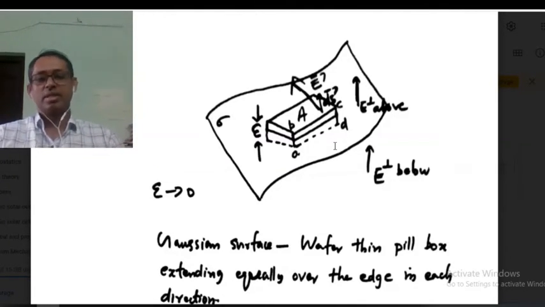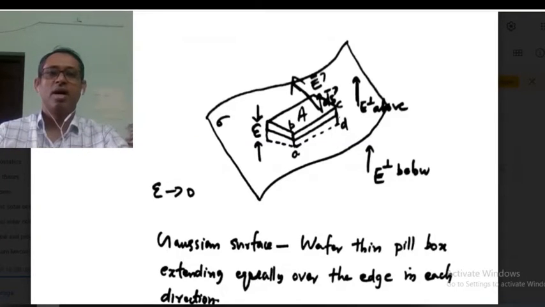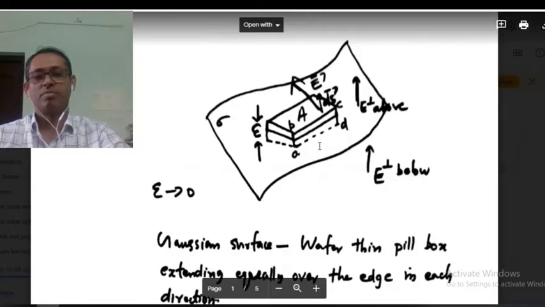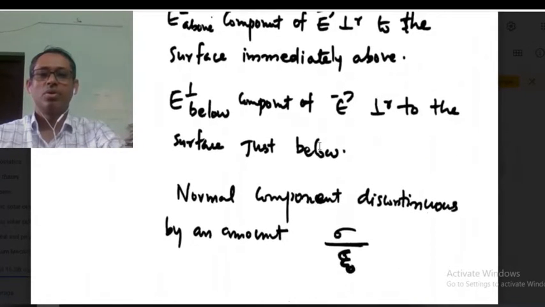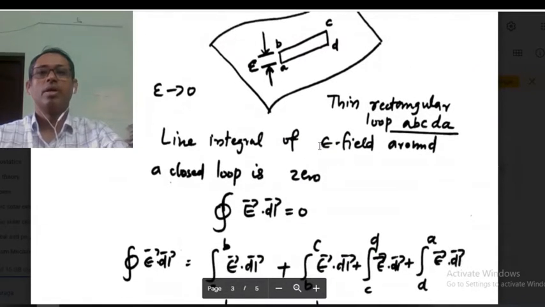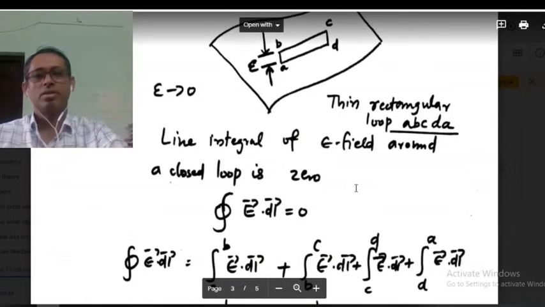I think it is clear to you. A, B, C, D is a rectangular path. This half of the path is above, half of the path below the surface.